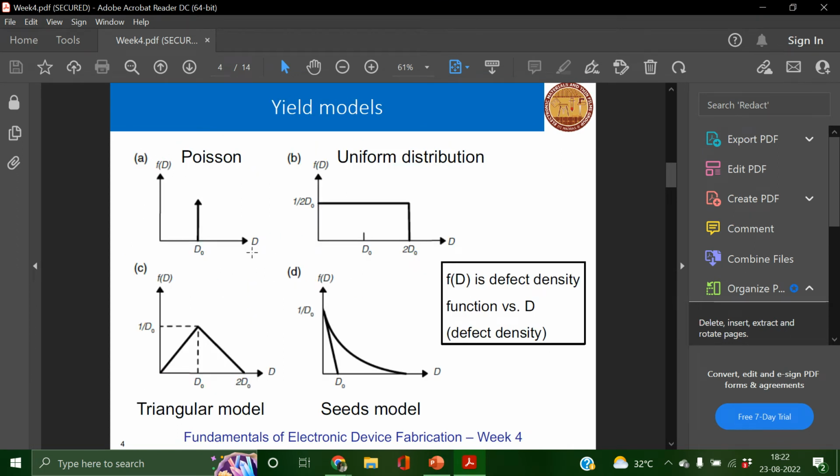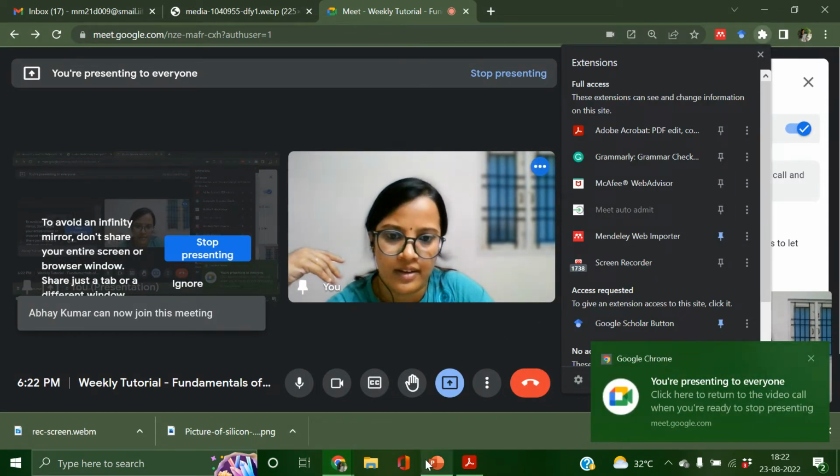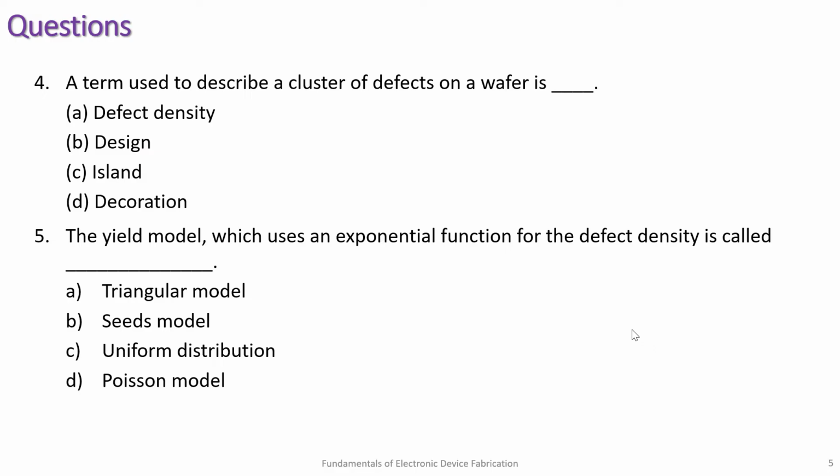Poisson's distribution will be distributed like this, whereas the uniform distribution would be like this. And here we can see the Seeds model is the one that actually follows an exponential function. Is that clear? Okay, now we'll move on to the next question.